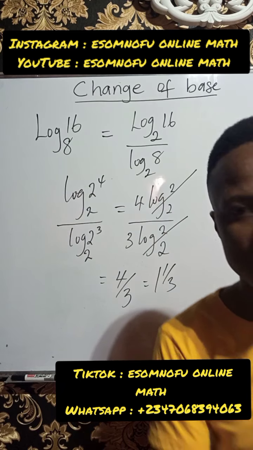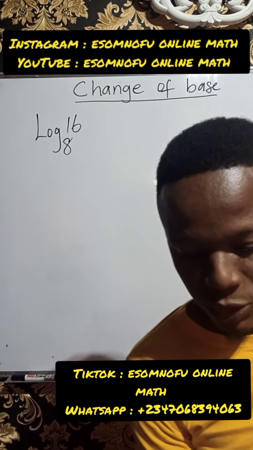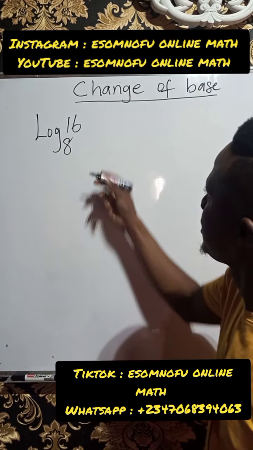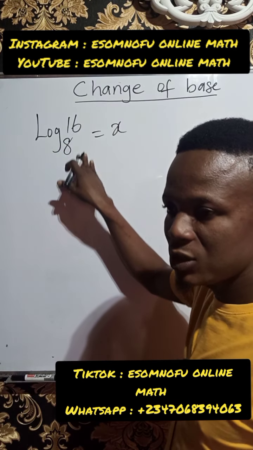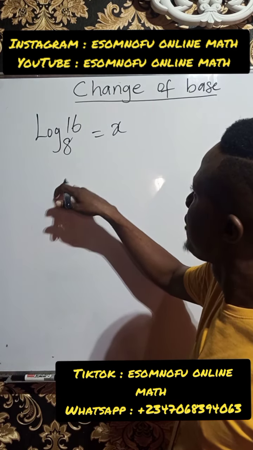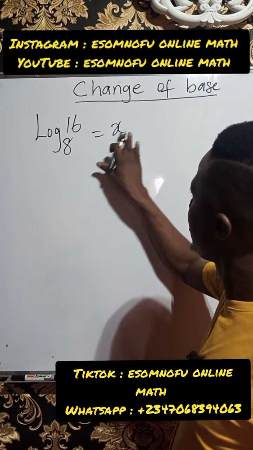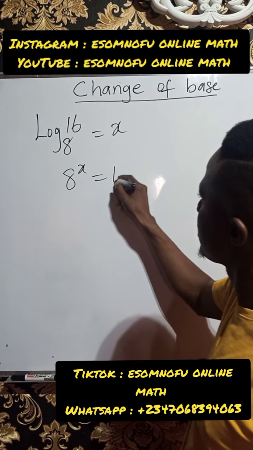If you don't like changing the base, there is another thing you can do. Change of base is not the only solution to this. You can say let the value be x, since I don't know the value of log 16 base 8. Then from the laws of logarithm, I can convert this to indices by saying 8 power of x equals 16.